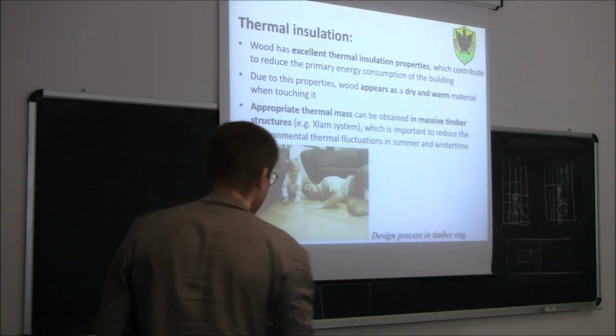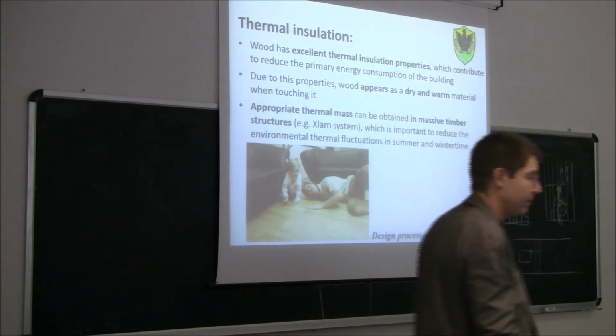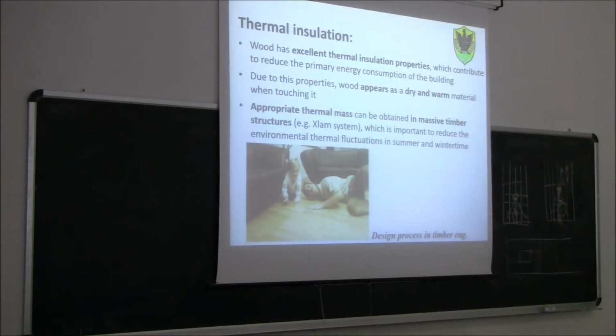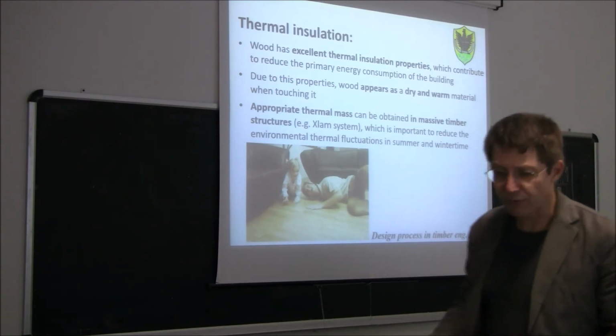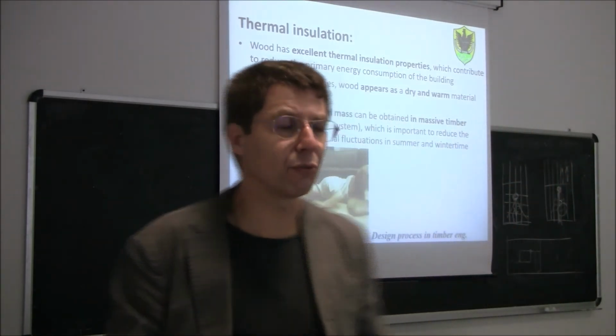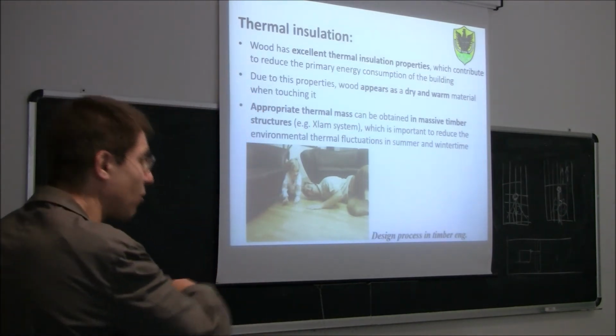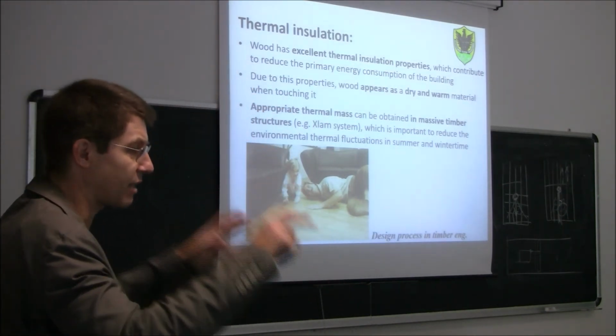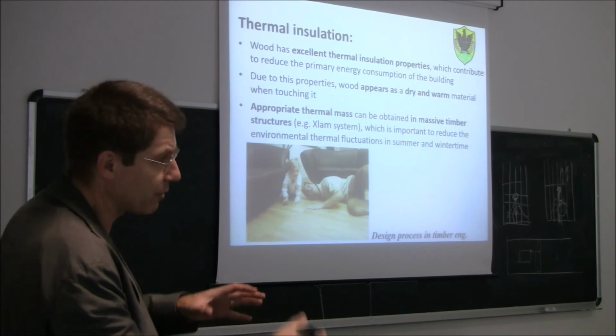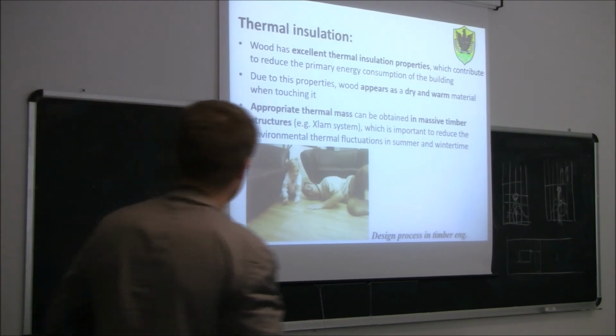The other important thing: if you have very big timber panels, for example cross-laminated panels, then you can also get an appropriate thermal mass. Thermal mass is a very important property if you want to reduce the amount of energy, to keep the environment inside your building more constant, irrespective of the environment outside.